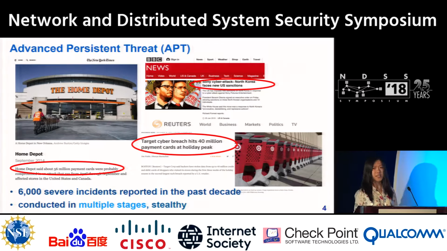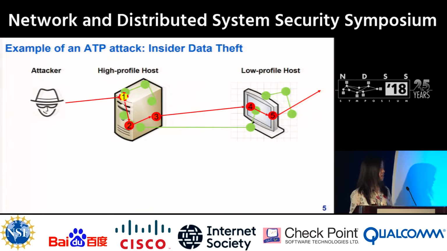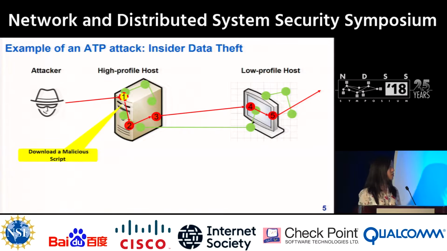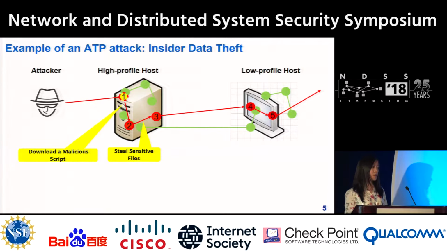APTs are stealthy and hard to capture because they are often conducted in multiple stages. Here is an example of an APT attack, an insider data theft. You can see that we have this attacker here who first downloaded a malicious script and also executed this script on a high-profile host to steal some confidential or sensitive files, for example, intellectual property-related files.